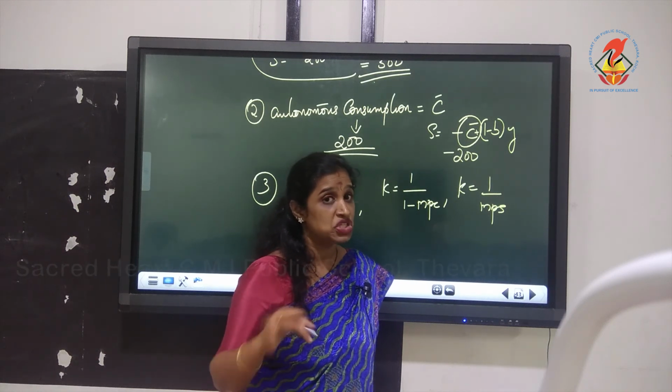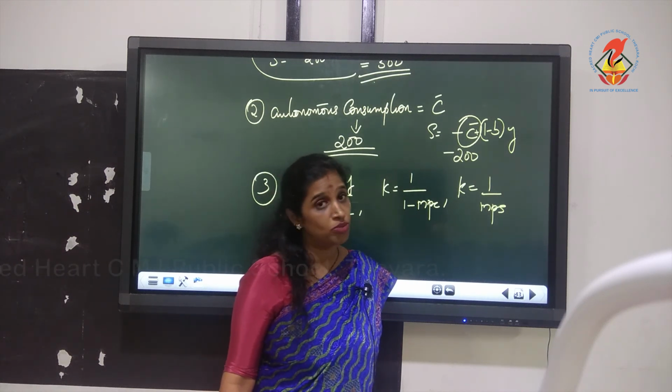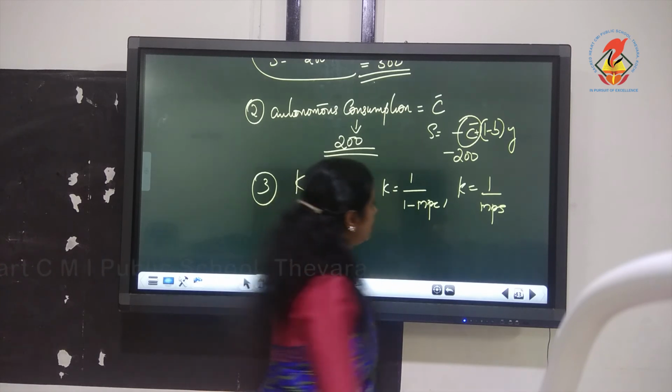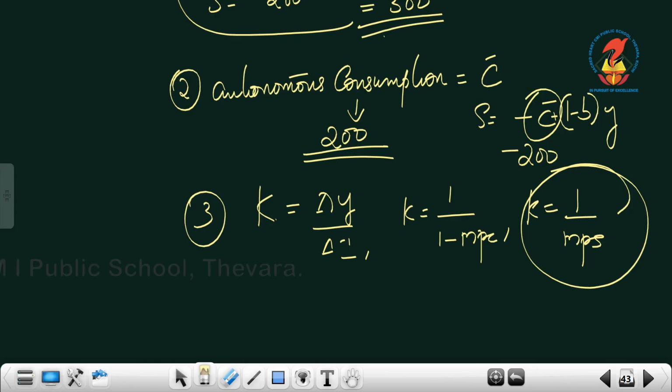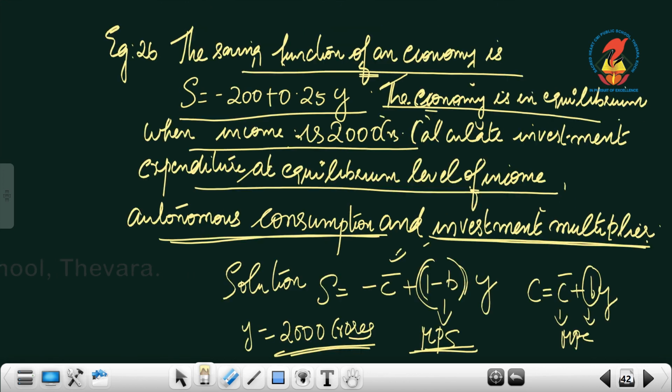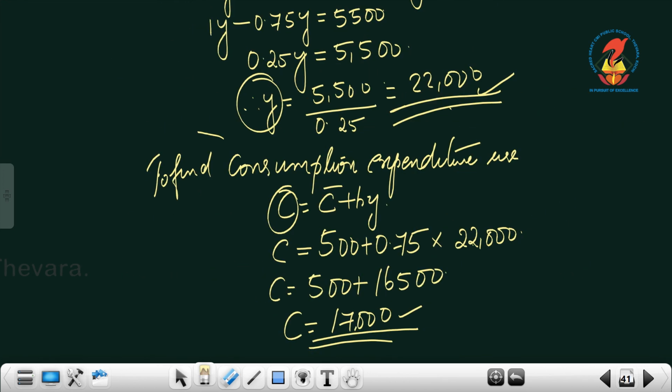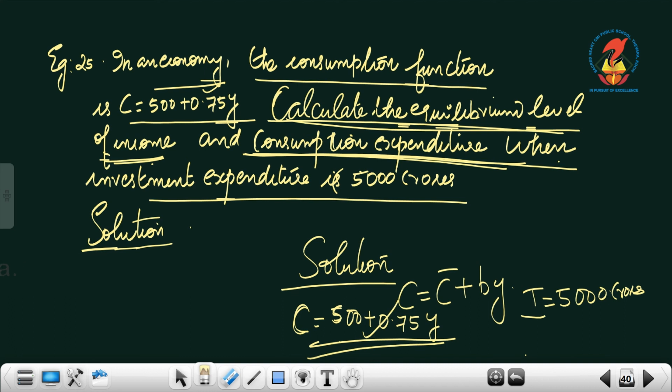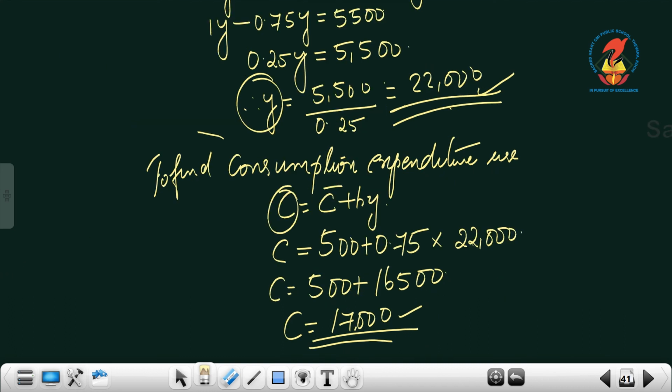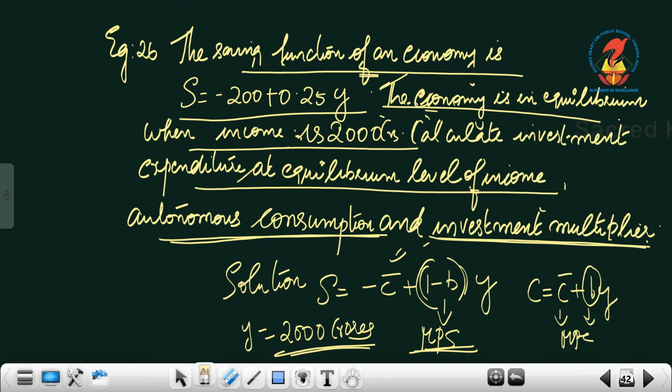Now, here which formula can we use? Definitely the last one. K is equal to 1 by MPS, because you know the value of MPS here. What is the value of MPS? In the beginning itself I told you that in the consumption equation, B is MPC.